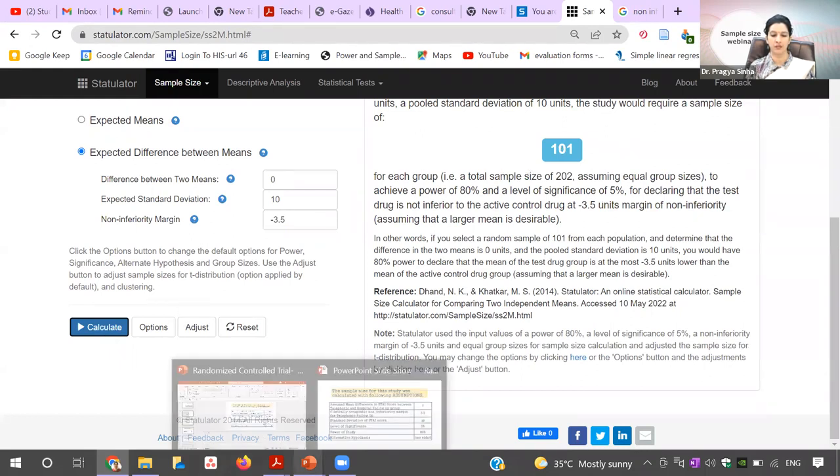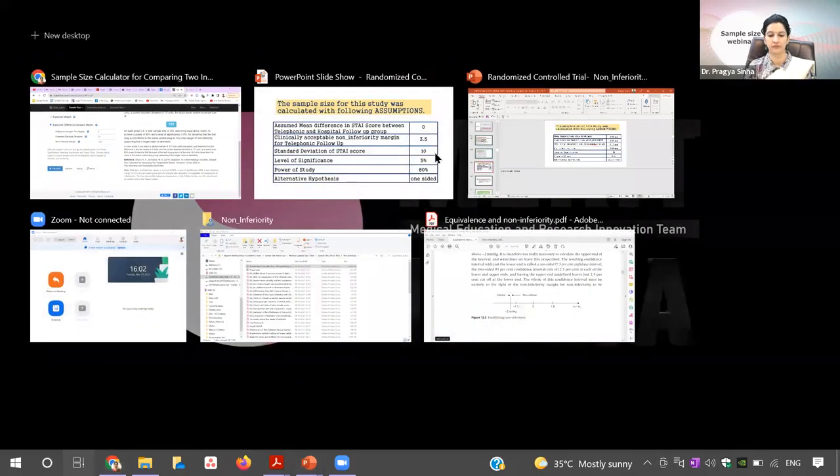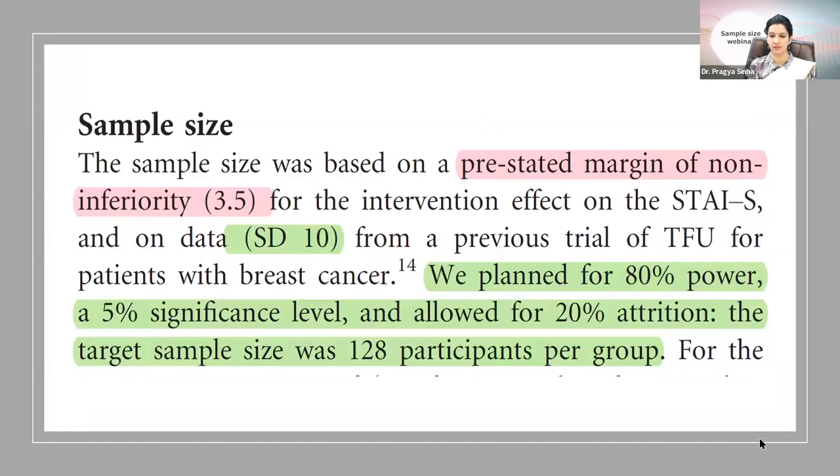And what was the author's figure? Okay, so he has allowed for this 20% attrition.